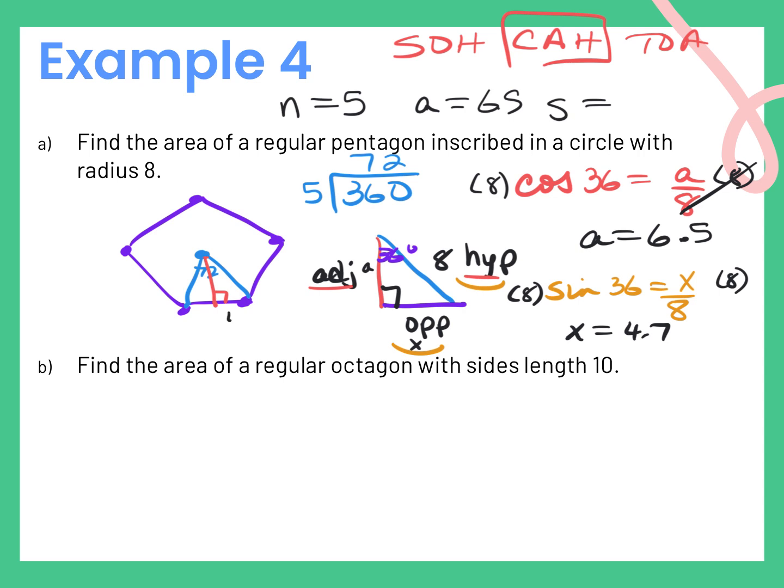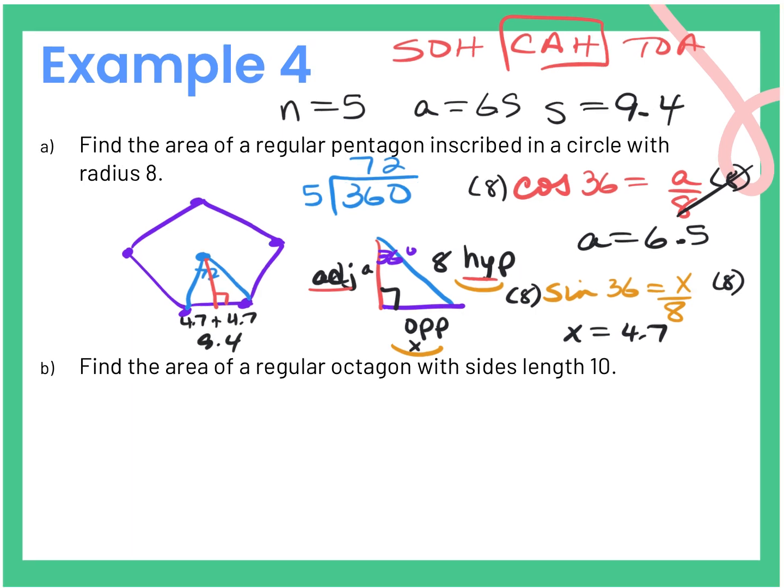Now remember, that's only half of the side. So multiply it by 2, and you're going to get your side length to be 9.4. So my side length now is 9.4.